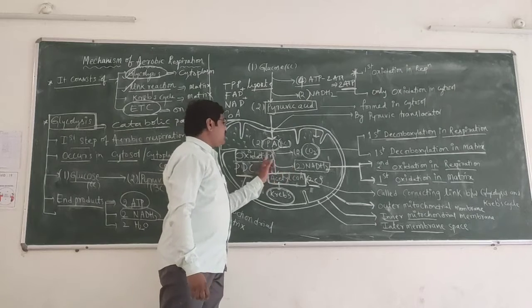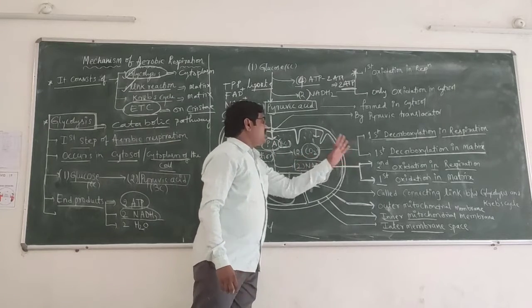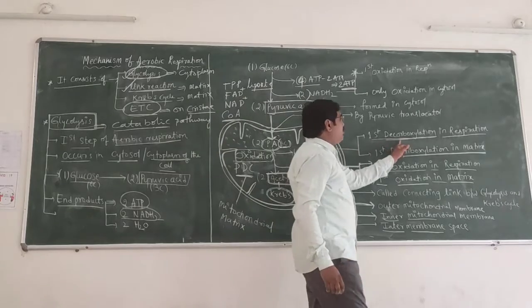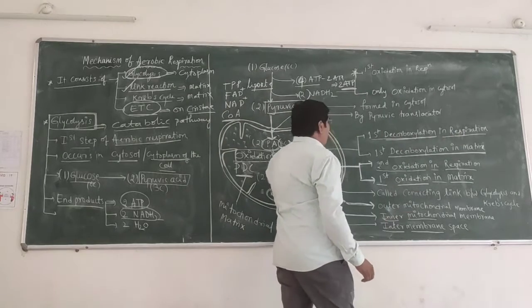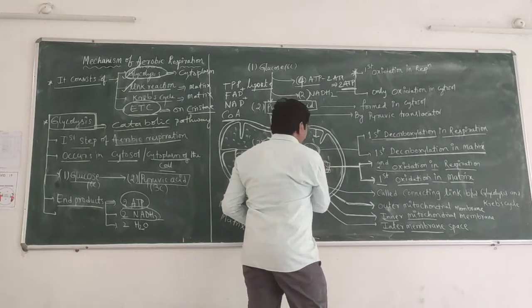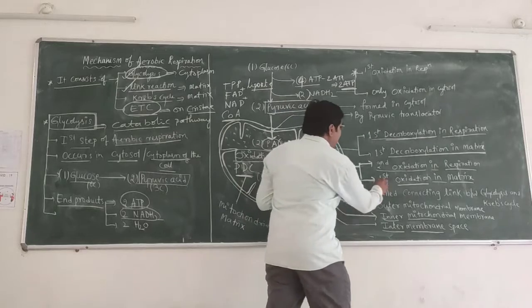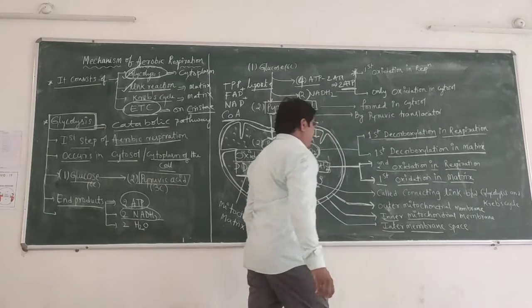The reaction is oxidative decarboxylation, where two carbon dioxide molecules are released. This is the first decarboxylation in respiration and in the matrix. The NADH2 formed is the second oxidation in respiration and the first oxidation in the matrix.